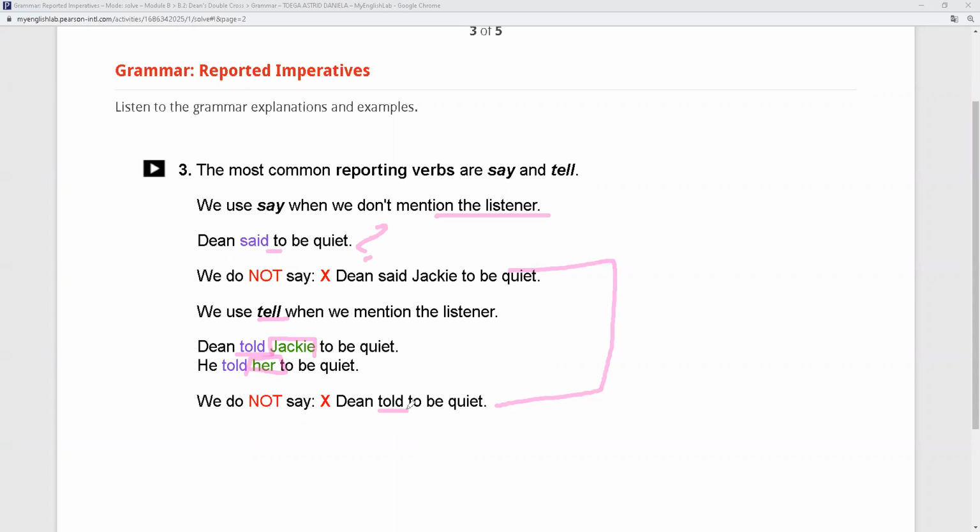To whom? So we have to take care in this part. If I mention the listener, I'm gonna use tell. If I don't, I'm gonna use say. So that will be everything about the reporting verbs. I don't know if you have any question, maybe.